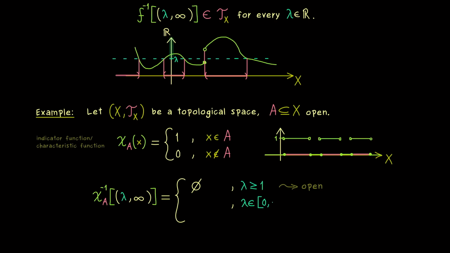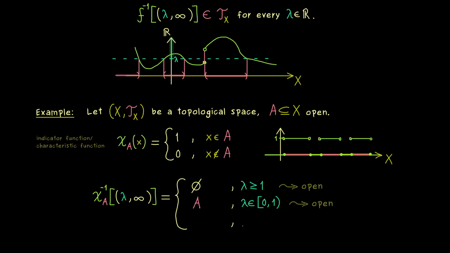So lambda definitely has to be smaller than 1, but it can be equal to 0. Hence, no matter which lambda we have, the only value that lies in this interval is actually 1. And by definition, the preimage of 1 is just our set A. And also there, most importantly, A is an open set.